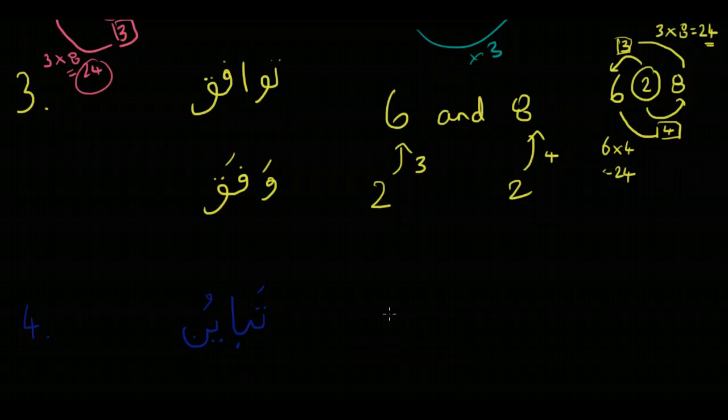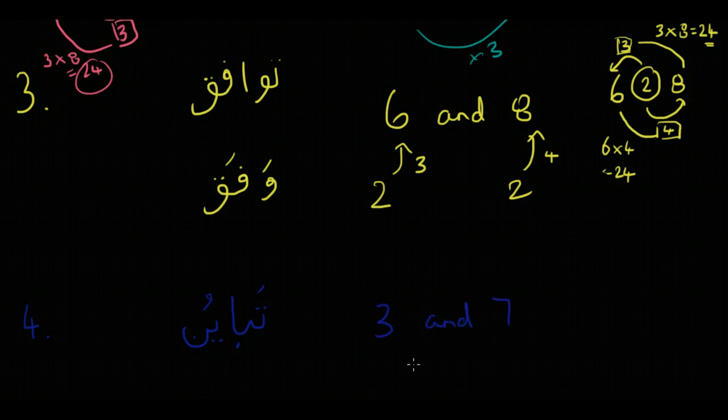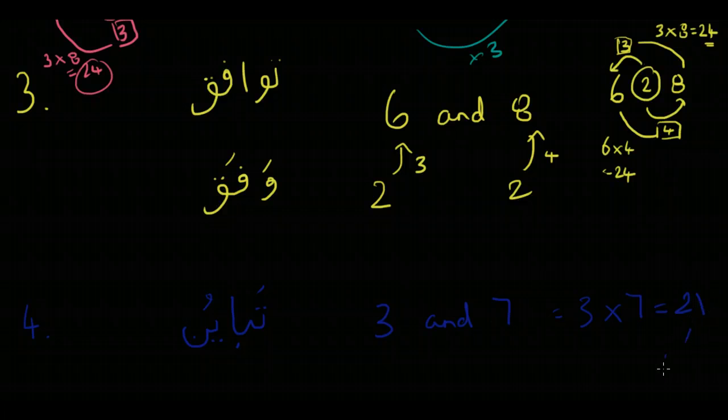And this is where we have two numbers, let's say 3 and 7. The smaller number goes into the bigger number, but there's always a remainder, and there's no third number which goes into both. So there's no third number which will go into both 3 and 7. And in this situation, all we do is times 3 by 7, and that gives 21, which is our lowest common denominator.